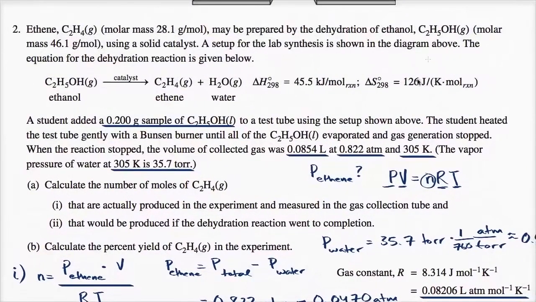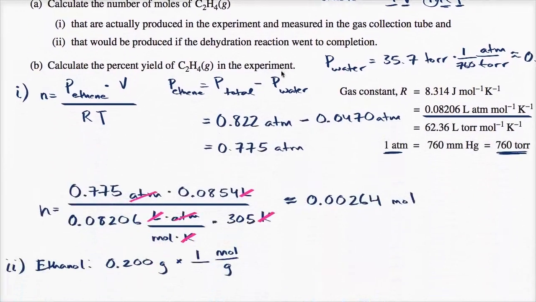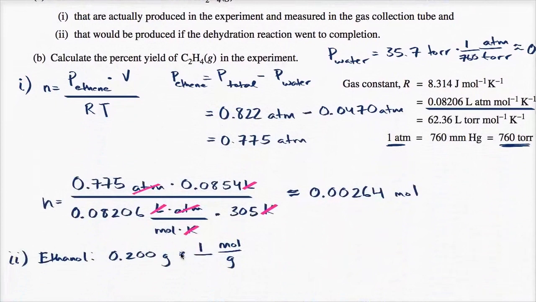They say ethanol, molar mass 46.1 grams per mole. Or another way of thinking about it, 1 mole would have a mass of 46.1 grams. And so if we do this, we are going to get 0.200 over 46.1, and then grams cancel with grams, and that's going to be how many moles we have.